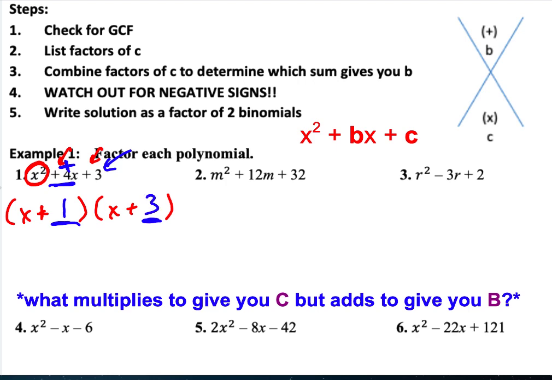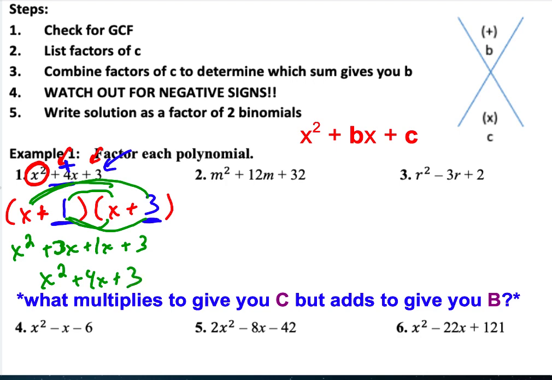Let's check to see if we did it right. x times x is x squared. Then I'm going to do my 3x, I'm going to do 1 times x, and then 1 times 3. Yep, that did give me x squared plus 4x plus 3.